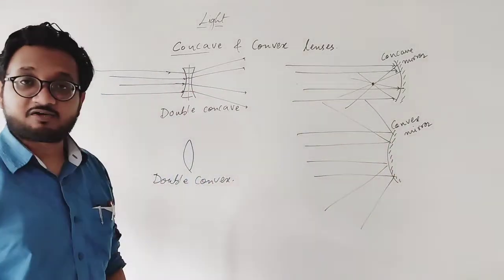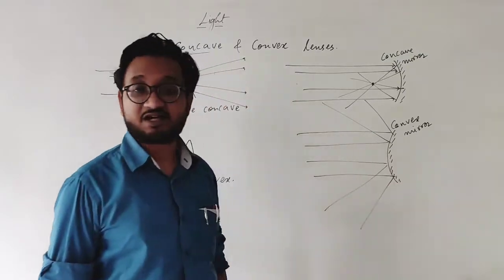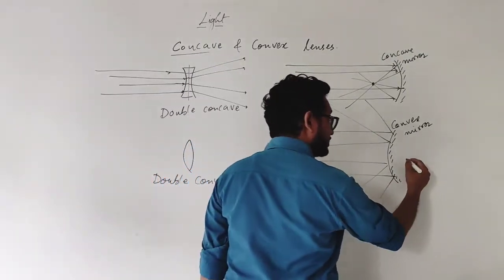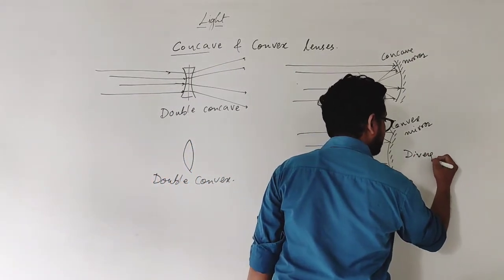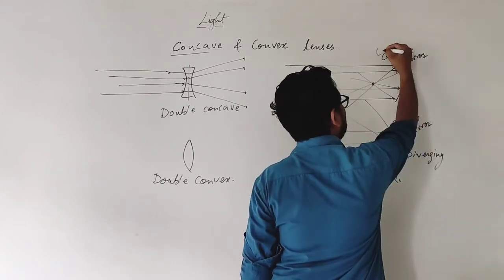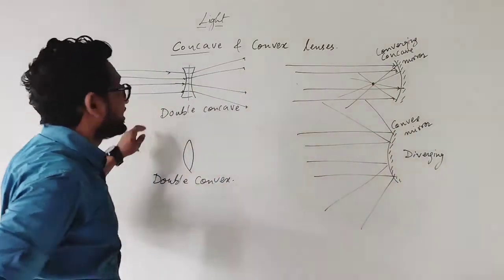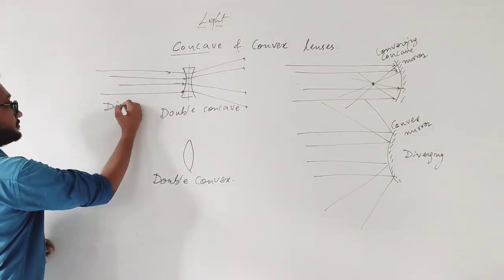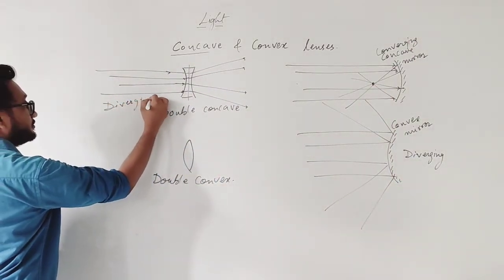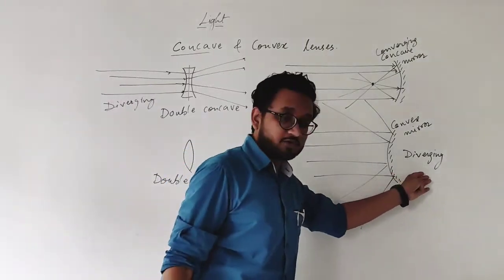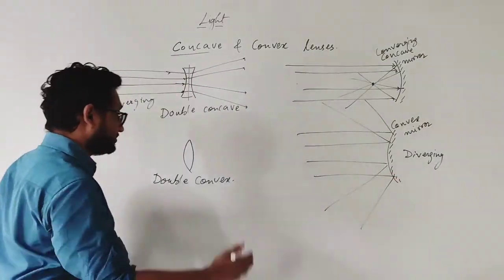Okay, which means that our convex mirror was a diverging mirror. This is converging and this is diverging. And convex mirror was a diverging mirror.